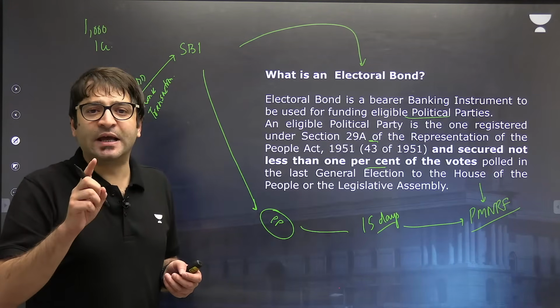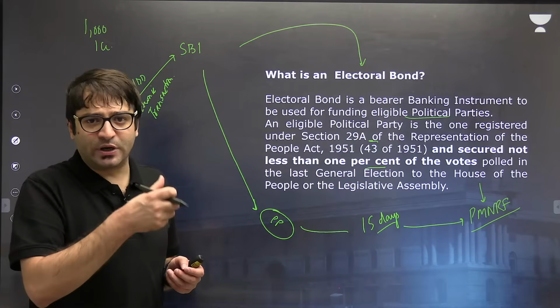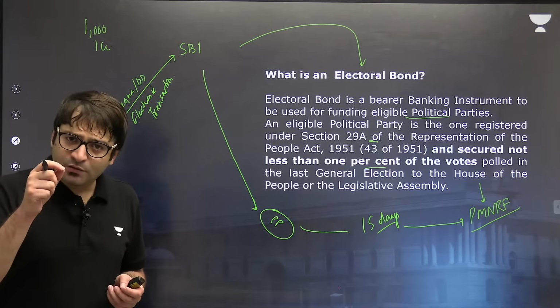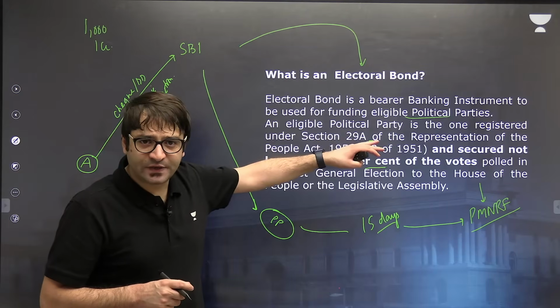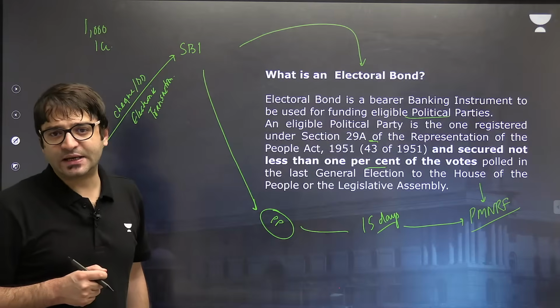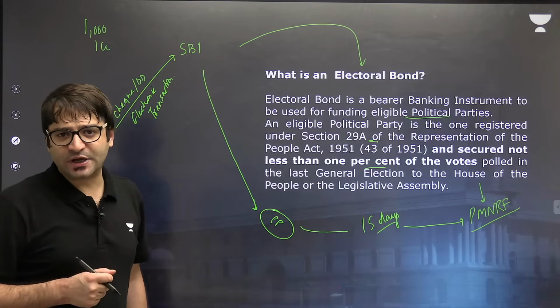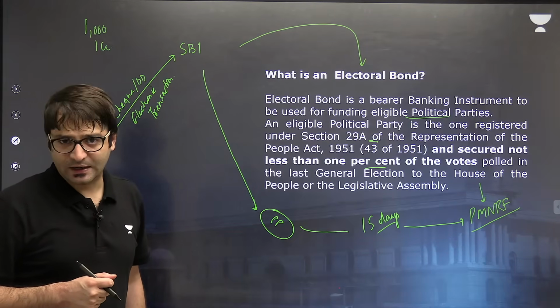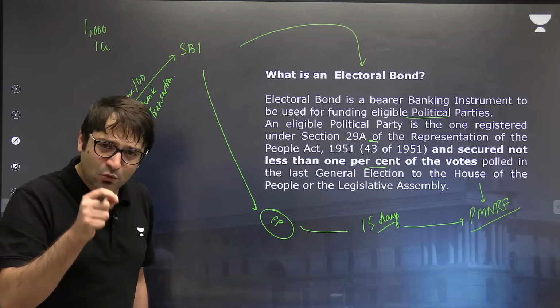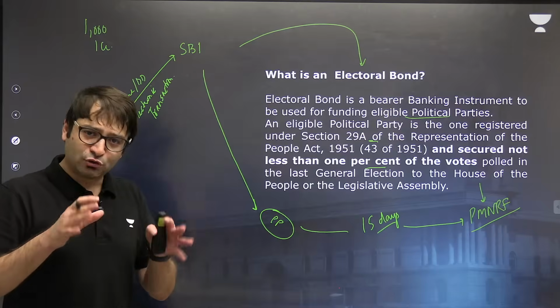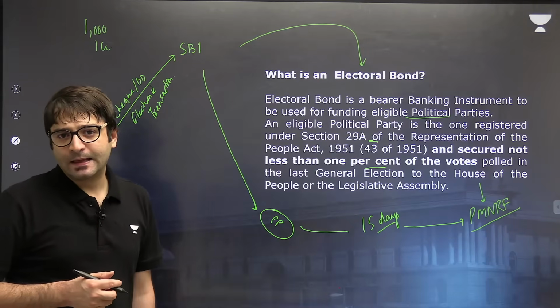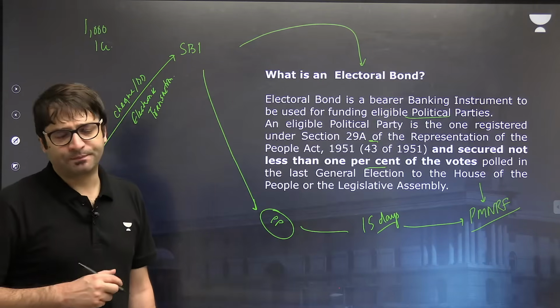I am not eligible to raise money through electoral bonds. Only those political parties registered with the Election Commission of India under Section 29A of the Representation of the People Act 1951, which have polled not less than 1% of the total votes, are eligible to raise money through electoral bonds. But then you would ask, what is the problem?